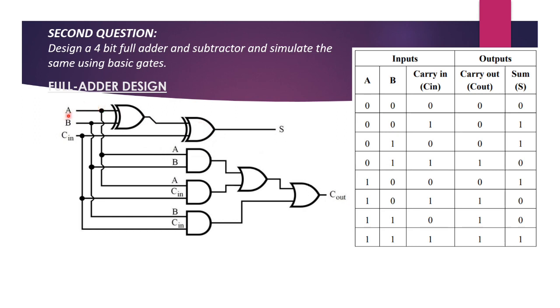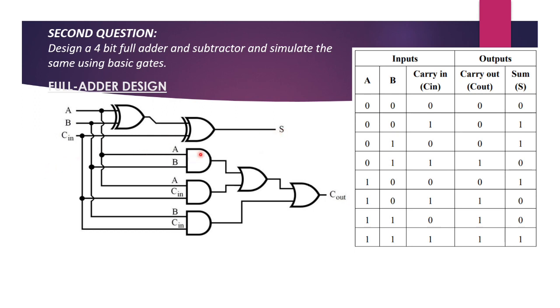If we assign A is 1, B is 0, this will give the output as 0. Since the carry in is also 1, but the output value here is 0, we will get the output as 0.